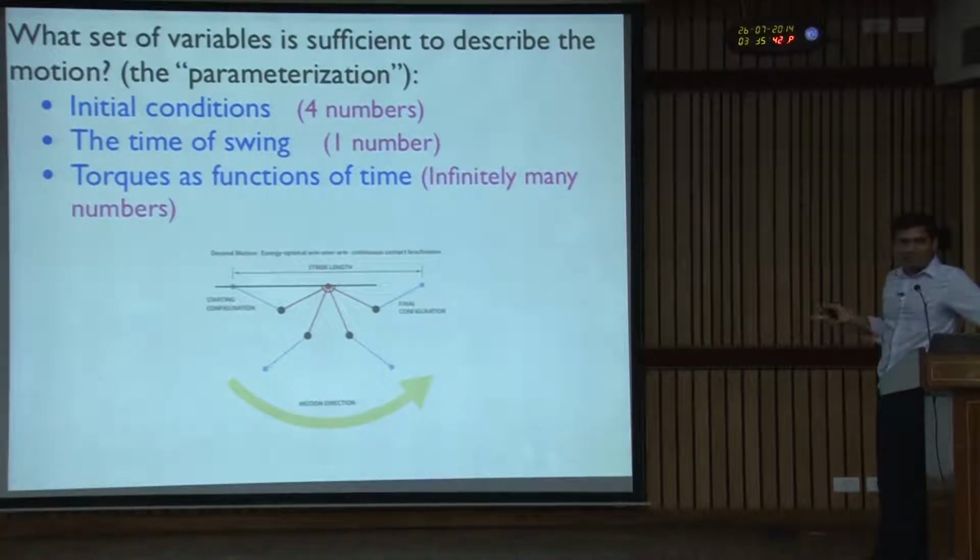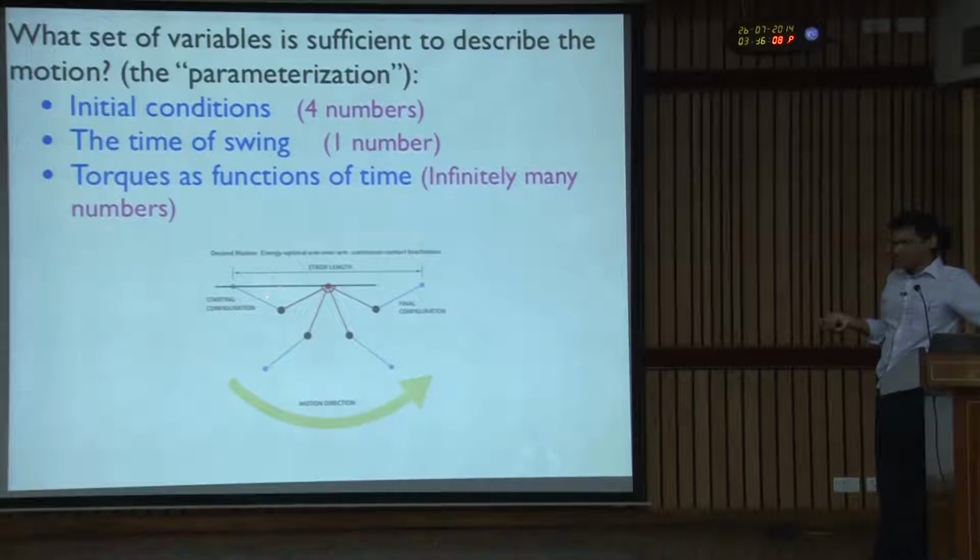Okay. So again, let's go about parameterizing this problem. What could be a reasonable parameterization? One reasonable parameterization would be the initial conditions, theta 1, theta 2, theta 1 dot, theta 2 dot. Those are 4 numbers. Another parameter could be a time of swing, and then torques.